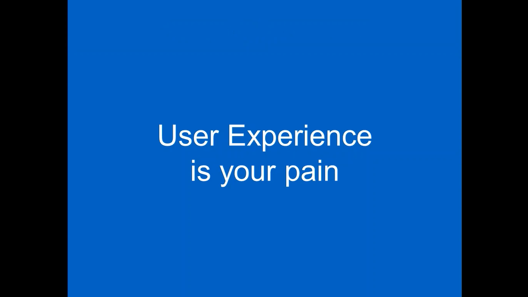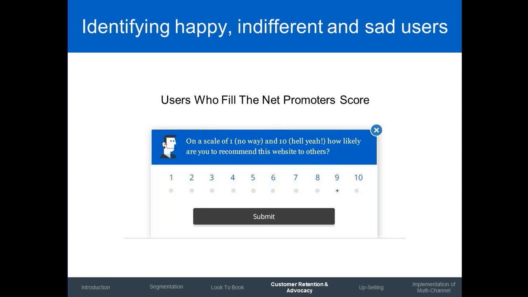So we're going to talk briefly about user experience, and how we can use marketing channels to improve that. It's very important to identify happy, indifferent, and sad users. At the end of the day, we would want more happy customers talking about our brand, and fewer sad users.